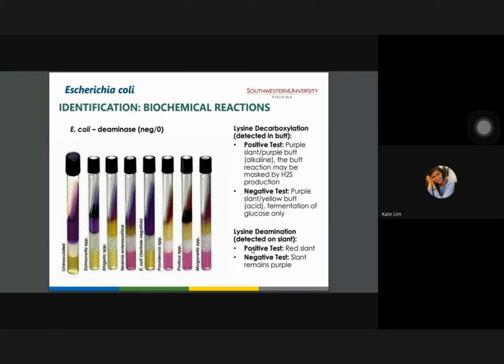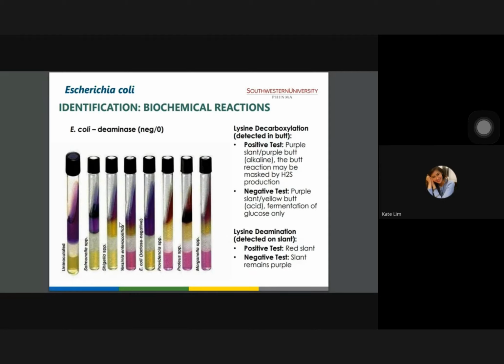That is positive for lysine. So what we have here is your negative results for Salmonella, Shigella, Yersinia, and E. coli. These are all negative results for lysine. So the slant remains purple.